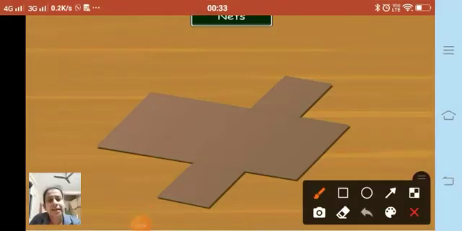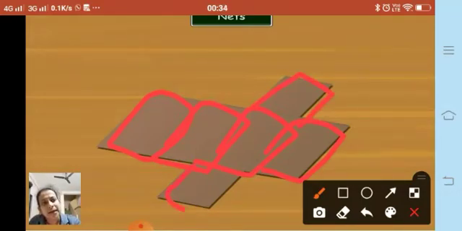This is one, this is another, this is the third, and this is the fourth. So there are four big rectangles and two small rectangles, this is one and this is another one. Altogether there are six rectangles, out of which four in a line are big and two on the side are smaller.